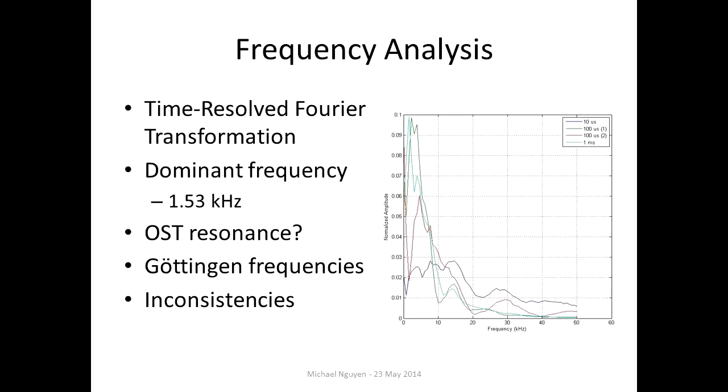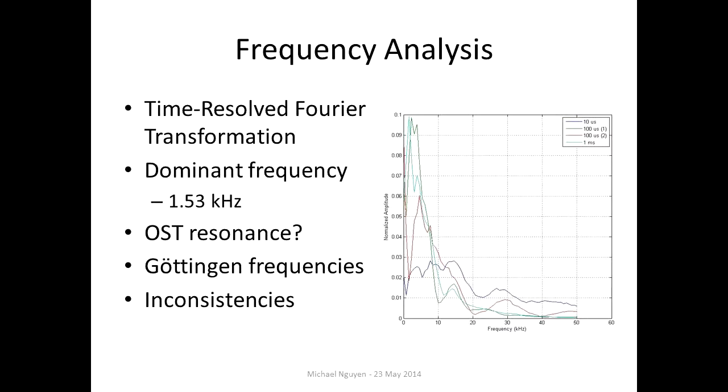So where does this frequency come from? We concluded that this does not come from the OST circuitry, because the preamplifier attenuates all those frequencies, which range from 365 hertz and lower, and so we should not see any of those. The next question is whether this oscillation is characteristic of all OSTs in general, or only our specific OST.